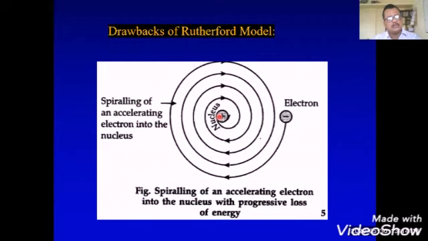As a result, such an atom will be highly unstable. And since the electron is continuously losing energy, we expect a continuous spectrum for the hydrogen atom, but the hydrogen atom gives you a line spectrum.